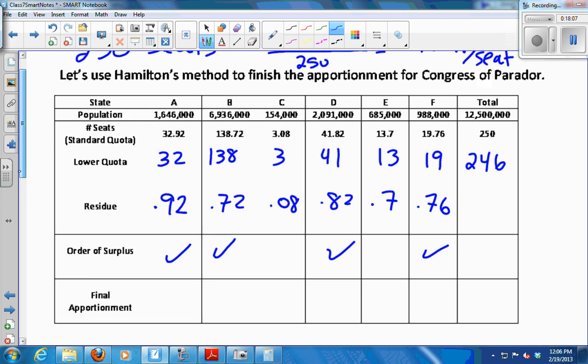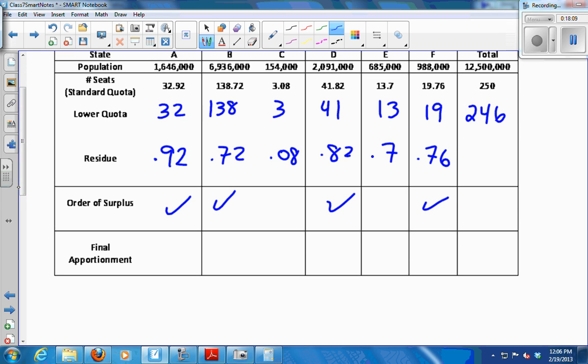So my final apportionment is going to be the lower quota plus another seat if you got one of the surplus. So state A had 32 plus it got a surplus, so it's going to get 33. State B had 138 as its lower quota. It got one of the surpluses, so it's 139. State C, its lower quota was 3.